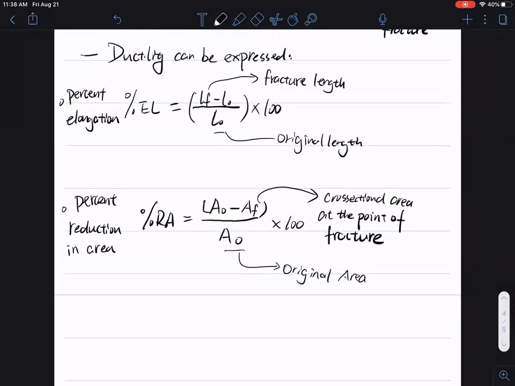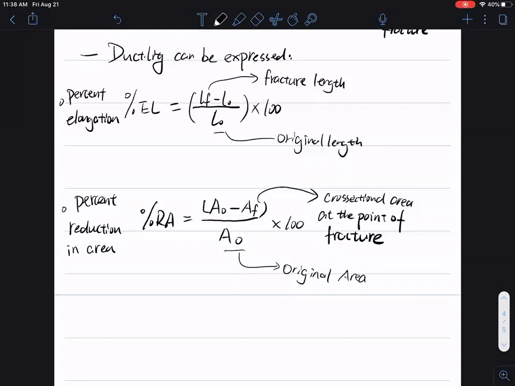Okay, so here are the two different ways to define what is ductility for a given material. And even for the same material, let's say for steel, it could have different ductility at different temperature. So now we're starting talking about temperature. Temperature is a very important thing for this course because all the material properties largely depend on the temperature.